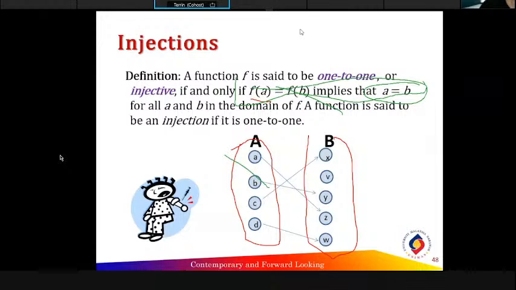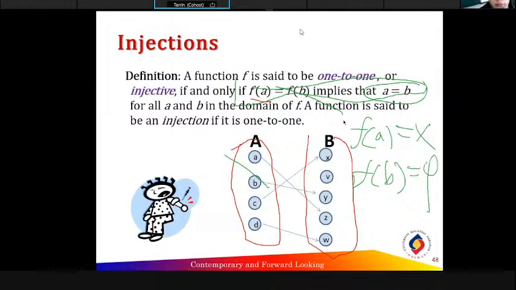A unique value is said to be, if I were to have one random value, a, f(a) would give me some kind of, let's say, x. And I have another random value, b, and that would give me y. So what happens when we say f(a) equals f(b) is that the value x is the same as the value of y.